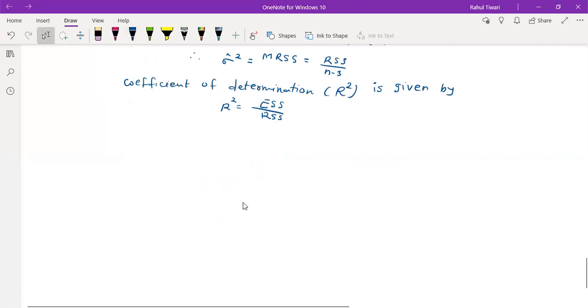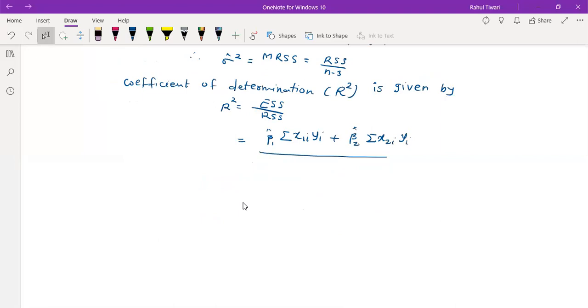So we have ESS, which is beta 1 hat summation x1i yi plus beta 2 hat x2i yi, whole thing divided by summation yi square. So what is ESS here?